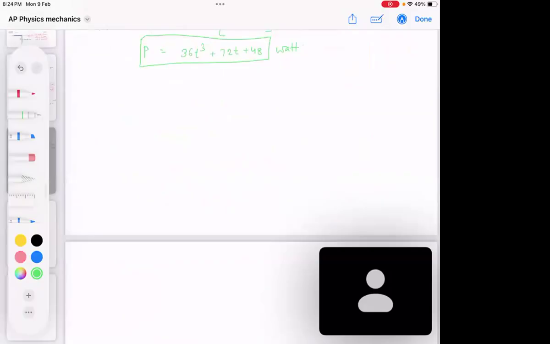In this example, what is given to us? A particle is doing circular motion.